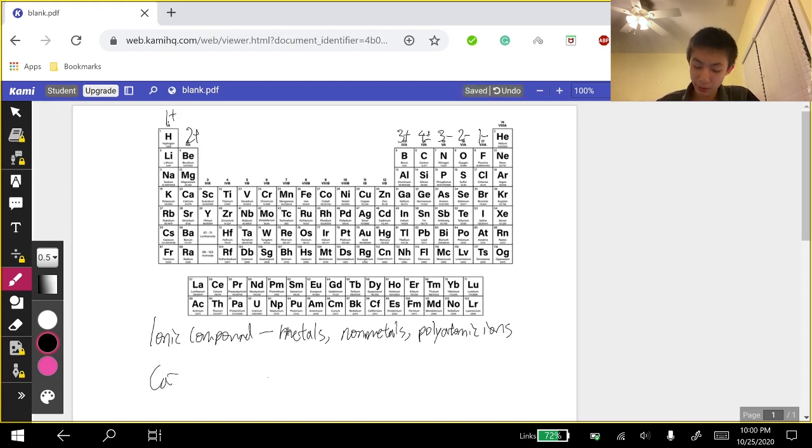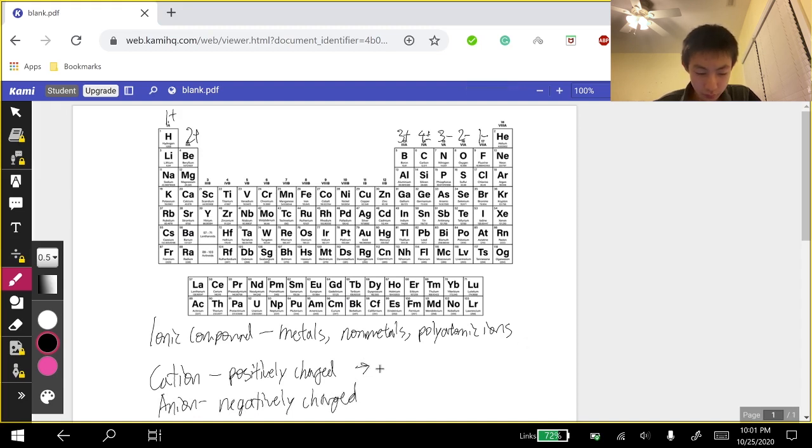Now, in an ionic bond, there's something called a cation, which is positively charged, and an anion, which is negatively charged. Cations have extra electrons, and anions want electrons.